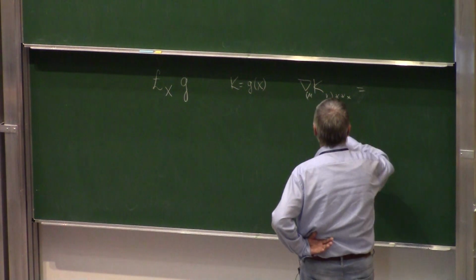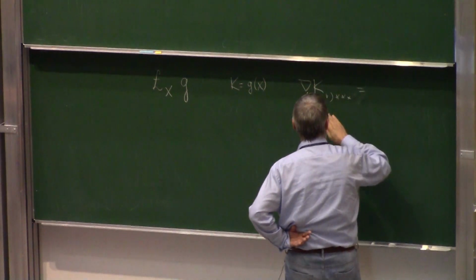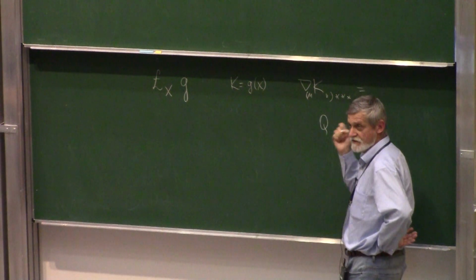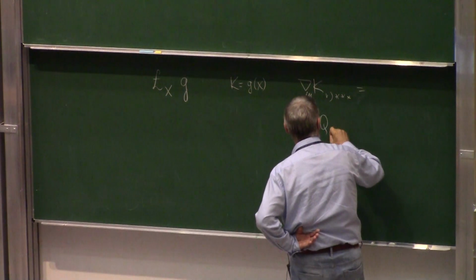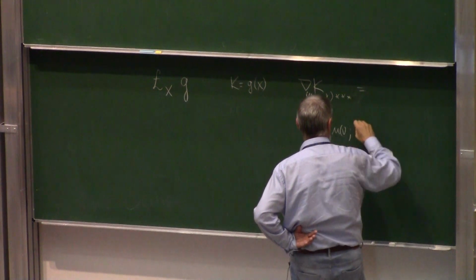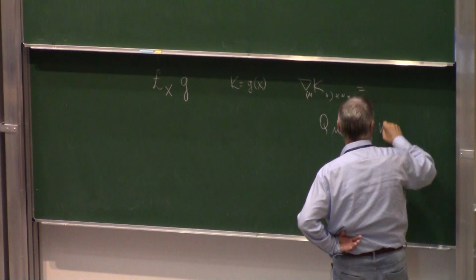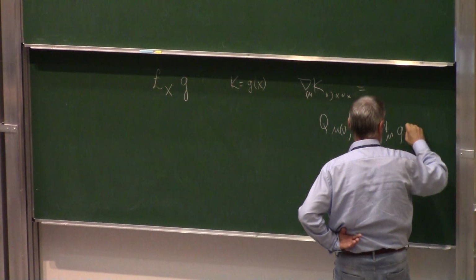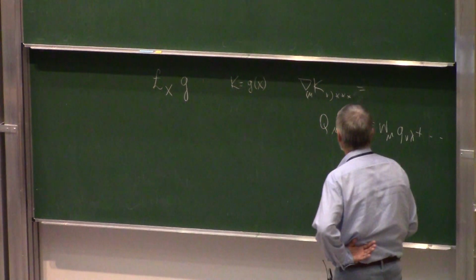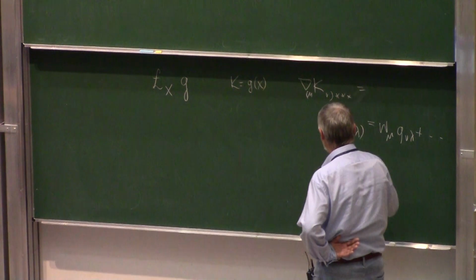So for instance, what would be crucial in this talk would be something which I call Q. And this is a 2-form, has 2 indices, and then you take covariant derivative, you symmetrize, and then you write that this is, let's say, proportional to the metric plus extra terms which are built from W and G. And this is the conformal generalization of so-called Yano.